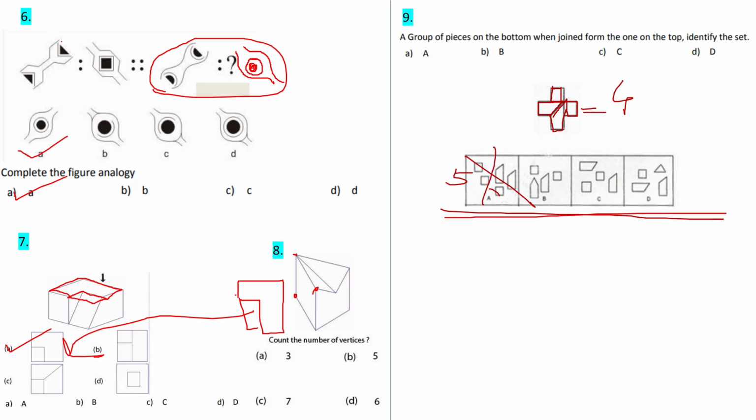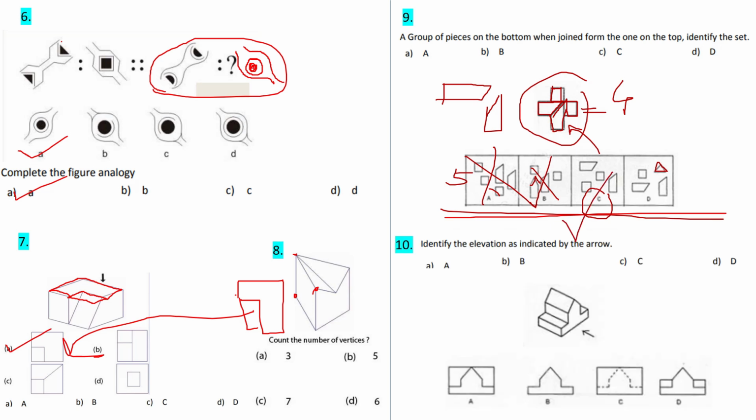Then if you look at the forms that have been formed, these are somewhat like this, right? And it has a triangle, so no. Then we have this option C, which is quite similar to what we are getting over here. And if we look at D, you have a triangle over here and we don't have any triangle forming in this particular diagram. So C is the correct answer.